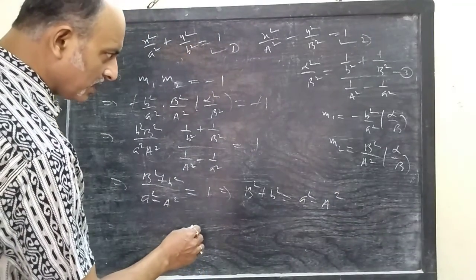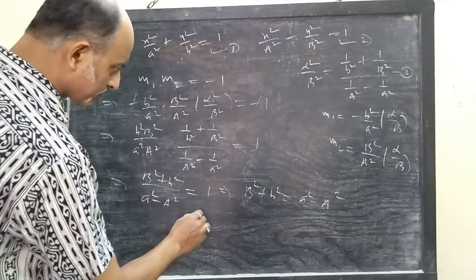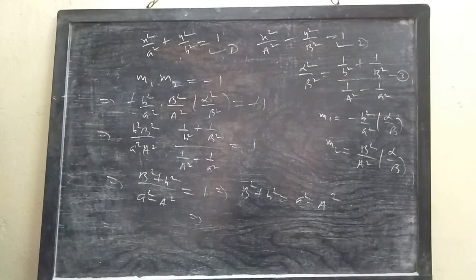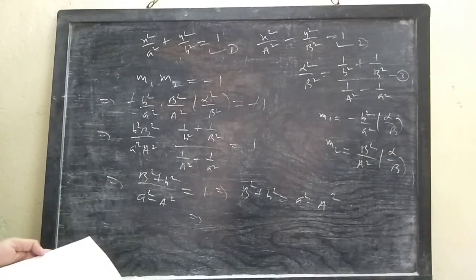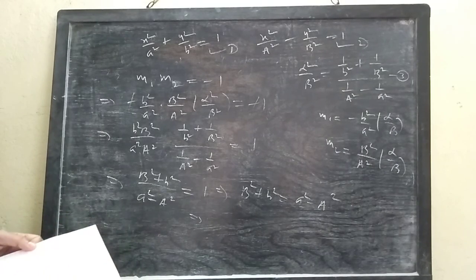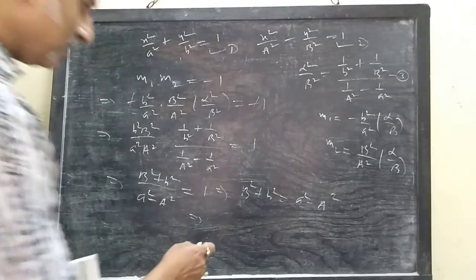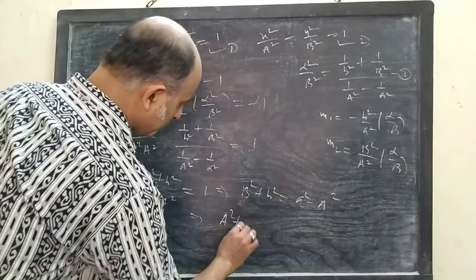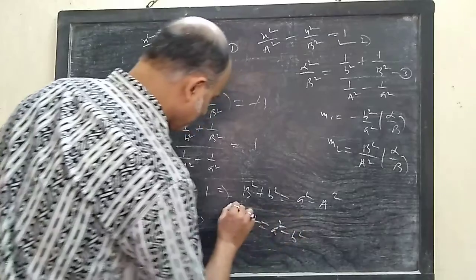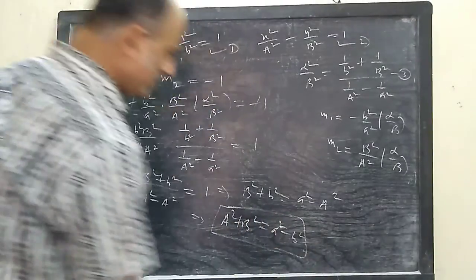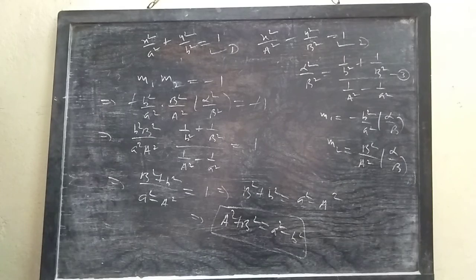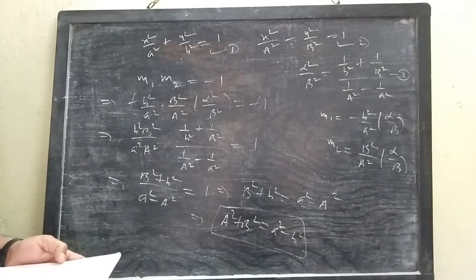So ultimately you get the condition: capital A square plus capital B square equals small a square minus small b square. This is the required condition under which the curves 1 and 2 intersect orthogonally.